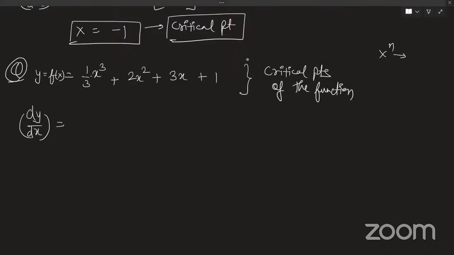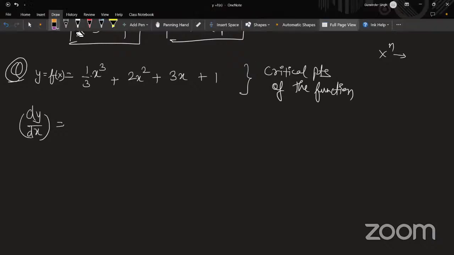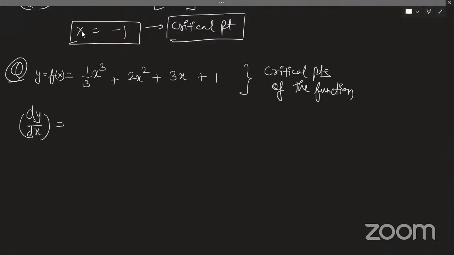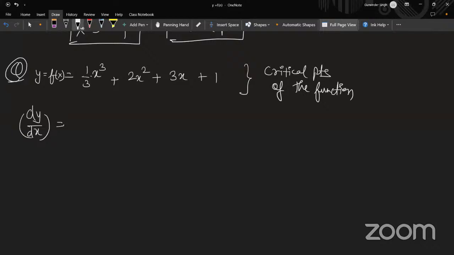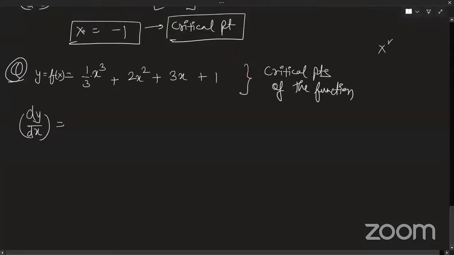Manoj, I guess you should look at my previous lecture, because there I had taught you. The derivative of x raised to n is n times x raised to the power n minus 1. So what will be the derivative of 1 by 3 x raised to the power 3? 1 by 3 is a constant, it will come outside, so we have x cube left.